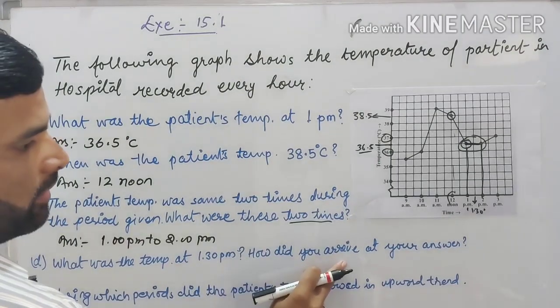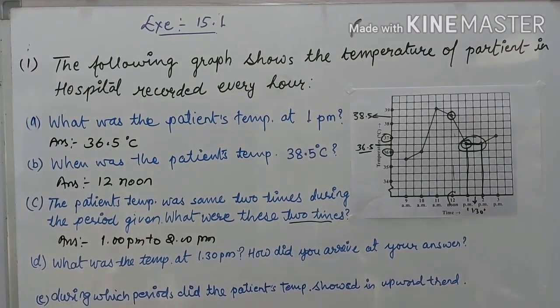How did you arrive at your answer? Okay, so you write: the temperature at 1:30 p.m. is 36.5 degrees centigrade.